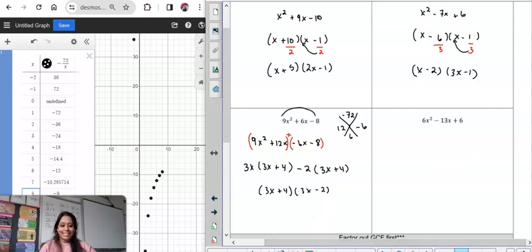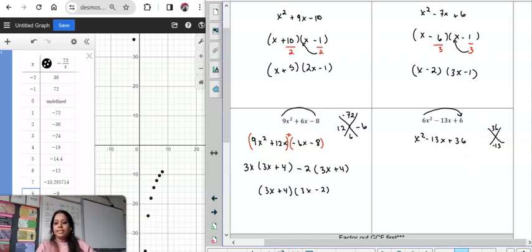Alright, and then the last example I'll do is the slip and slide method right here. So let's go ahead and slip this over here. So that's 36. So I'm just going to say x squared minus 13x plus 36. And then I need to find factors of 36 that add up to negative 13.